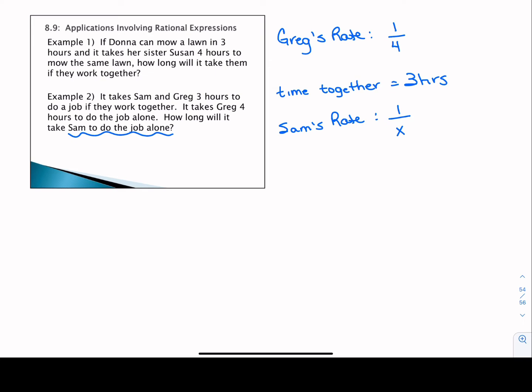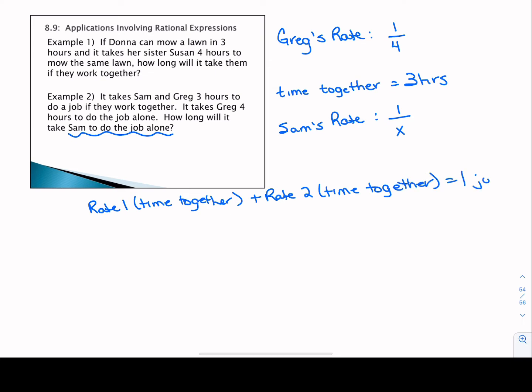So we can still use our same formula where we have rate number 1 multiplied by the time together, and then we add that to rate number 2 multiplied by the time together. And all told, this is going to give us one complete job.